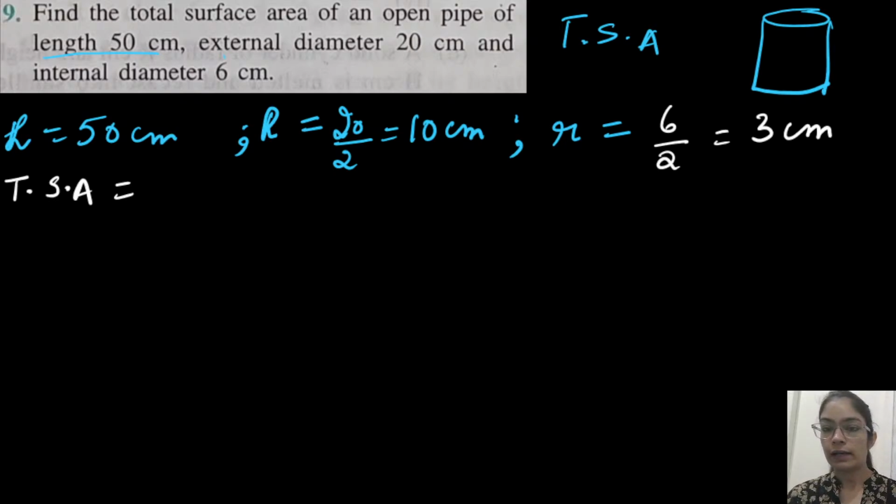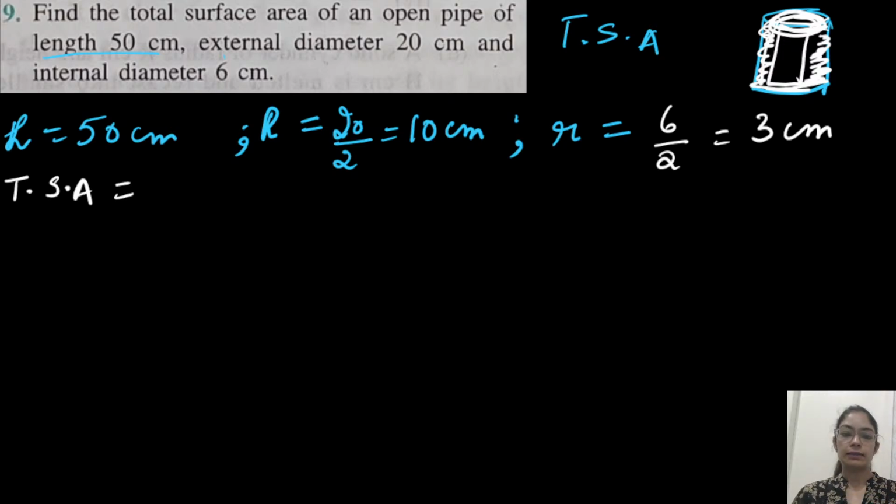Because external radius, external diameter and internal radius are given to us. So it will look like this. Its thickness will be there. This is how it will look, so here some thickness is there. Yes, so what is the formula?